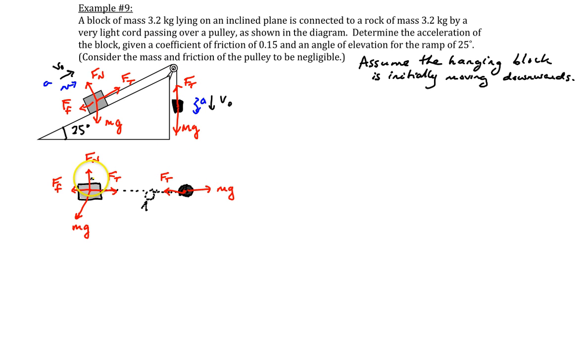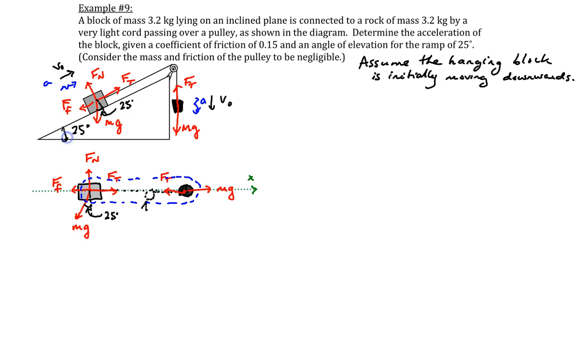So we're going to consider a system that is the rock and the block together. Along this dotted line is our system, both of them together. And I've drawn an axis in here, which we'll say is the x-axis. Over here, this angle is 25 degrees, the same angle that is over here. How do we get that?